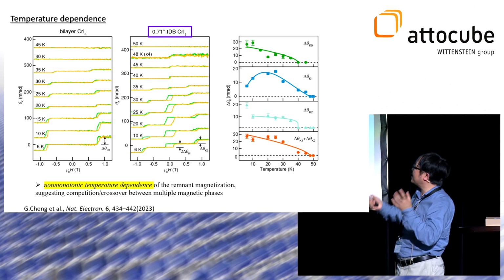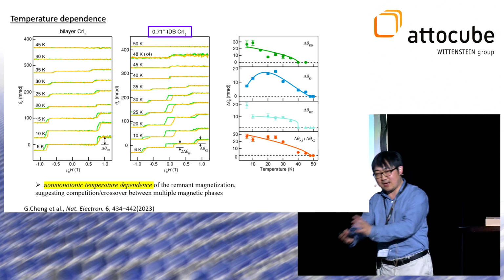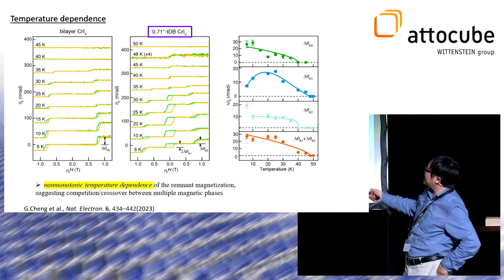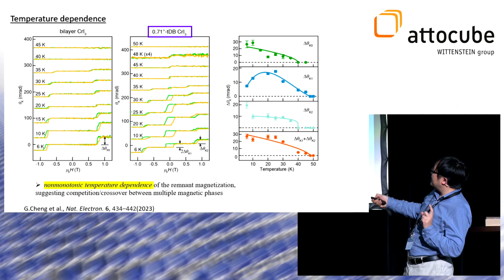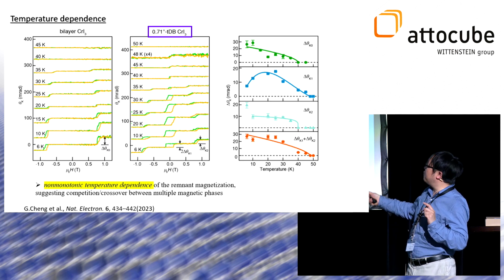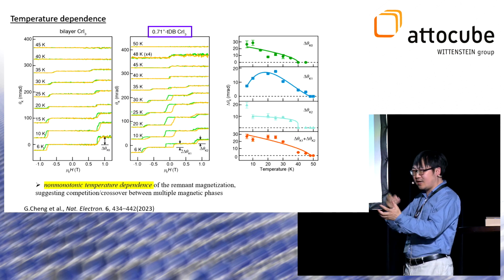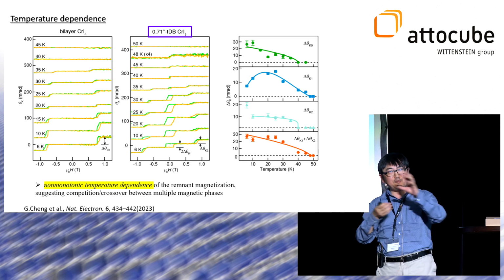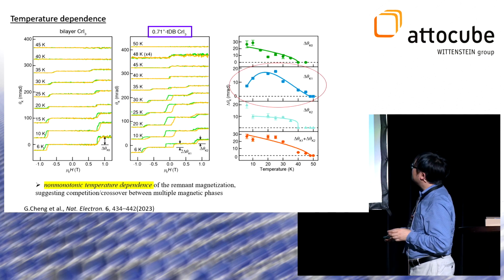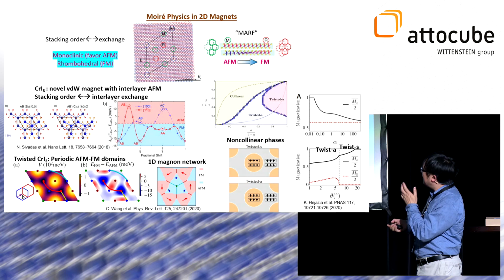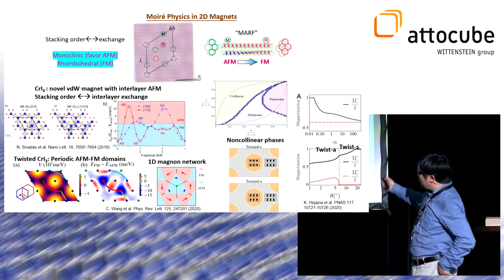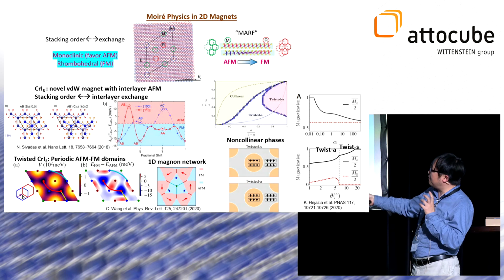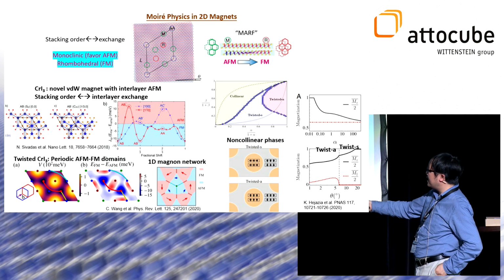In a usual ferromagnet, when you raise temperature, you just kill the magnetization, right? In this twisted magnet, when you raise temperature, the magnetization actually goes up before it eventually goes down again, indicating perhaps multiple competing phases. In fact, there was already a fair amount of theoretical prediction before people started to experiment.